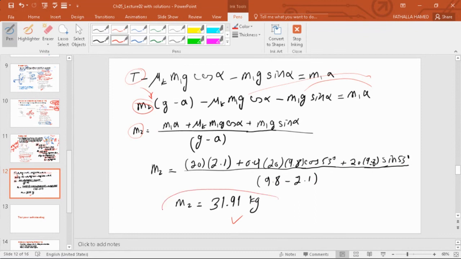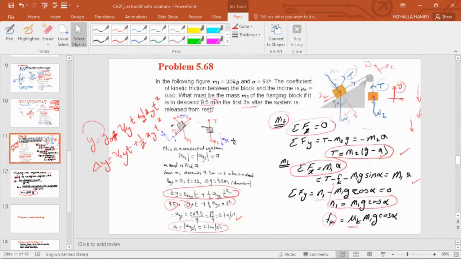So that's what M2 should be for the system that we have here to descend 9.5 meters from rest in 3 seconds. Is this clear? Any question on this one?